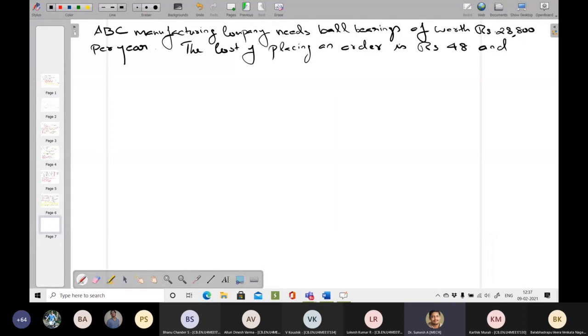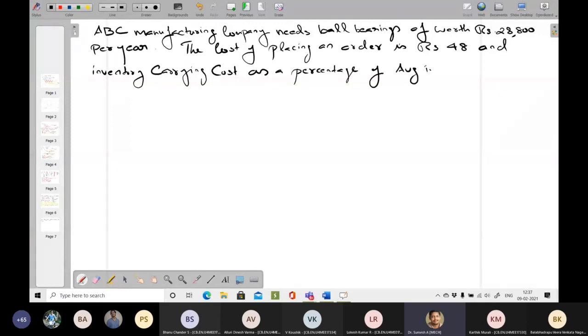And inventory carrying cost as a percentage of average inventory investment is 12%.